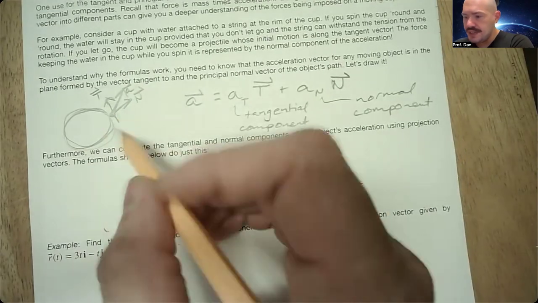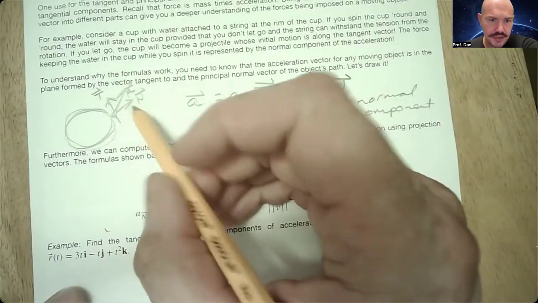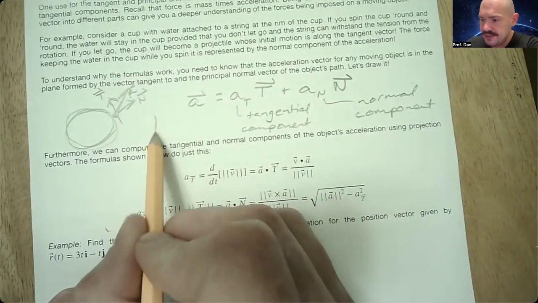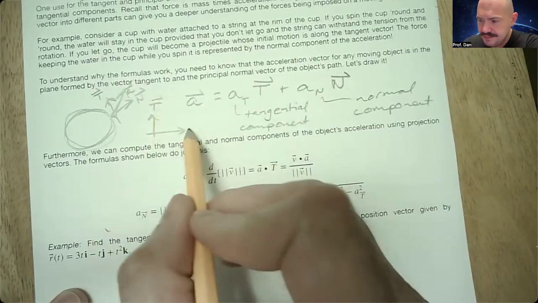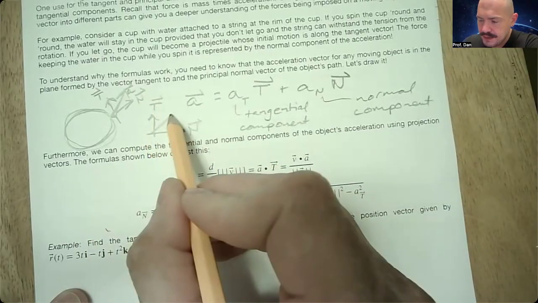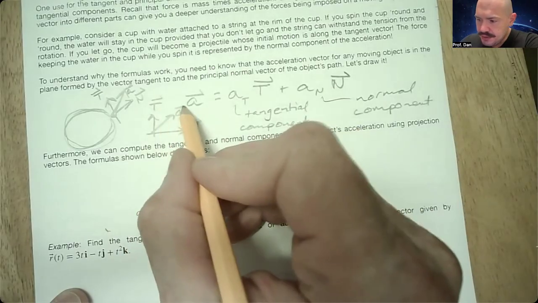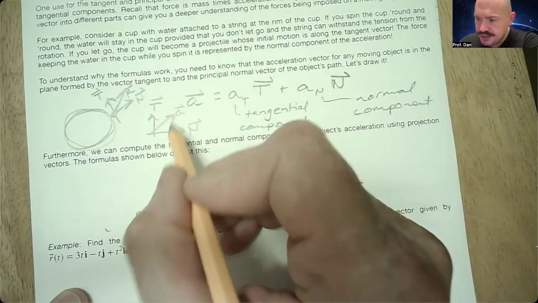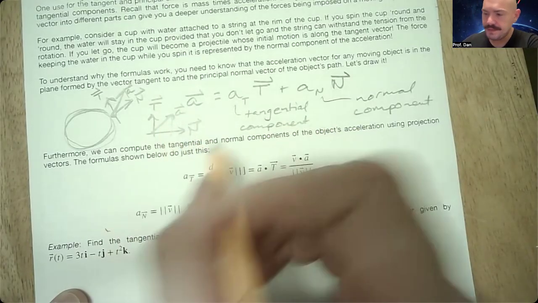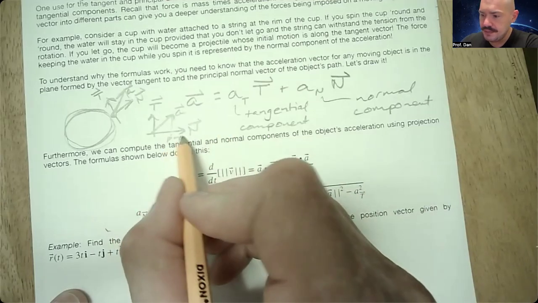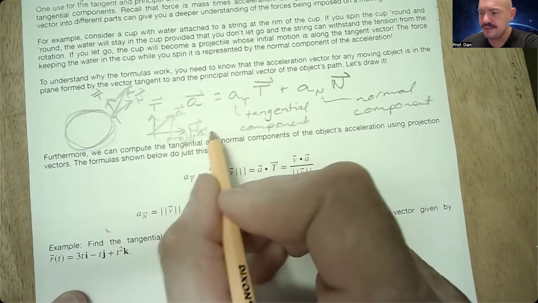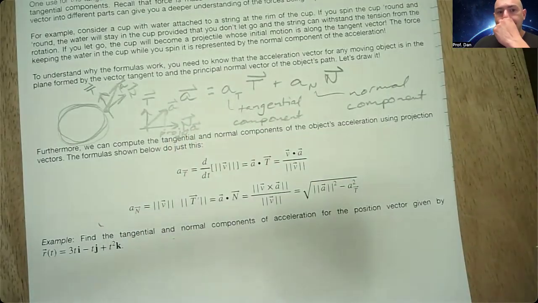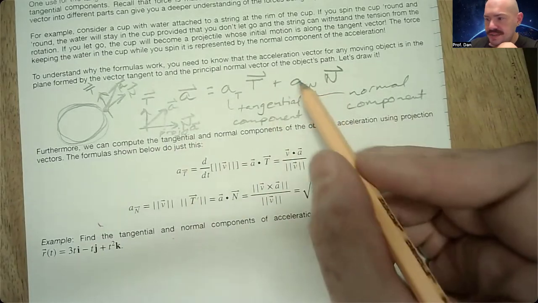And if you look at these vectors here, you can see that we can draw this kind of like an XY plane. The projection of the acceleration vector onto the normal vector will result in this term here.